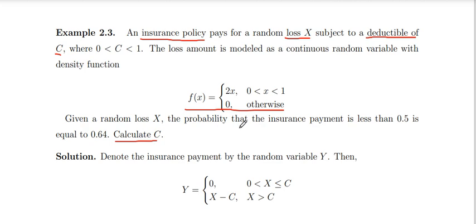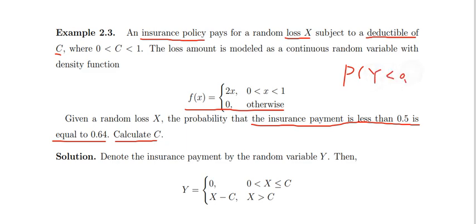With this deductible, let's say the insurance payment is less than 0.5 with this probability. We want to make sure the payment is less than 0.5.